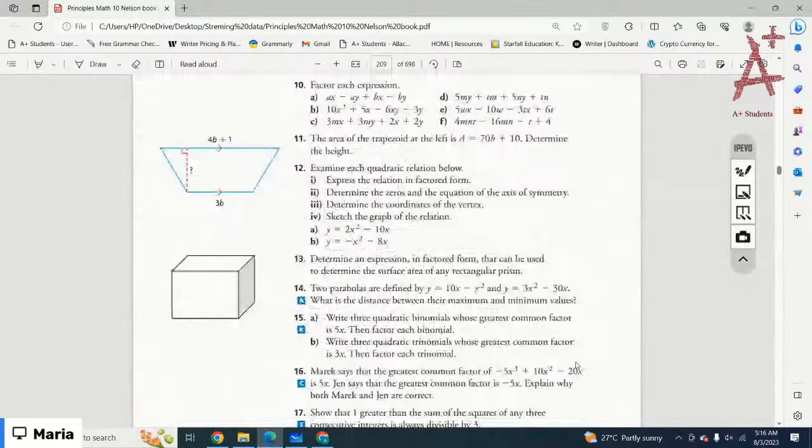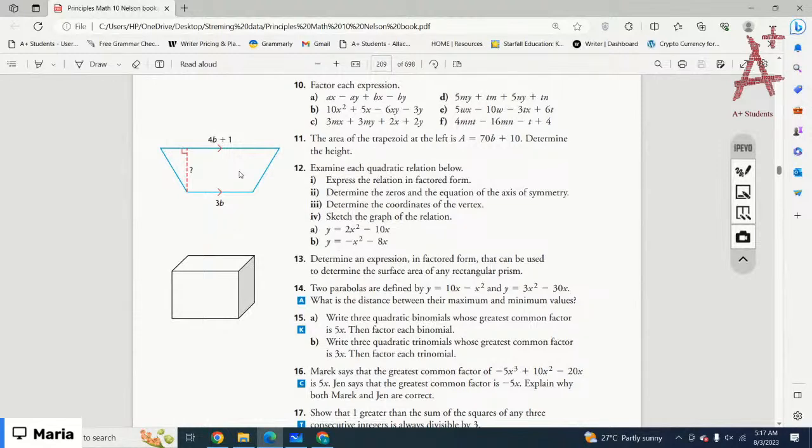Determine the height. You have to calculate the height of the trapezoid.